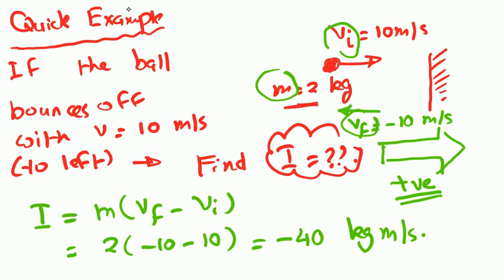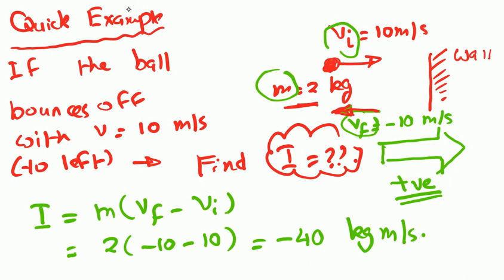It's moving towards a wall with a velocity of 10 meters per second to the right. It hits the wall and recoils, or let's say bounces off, with a final velocity of 10 meters per second. The required is to find I.